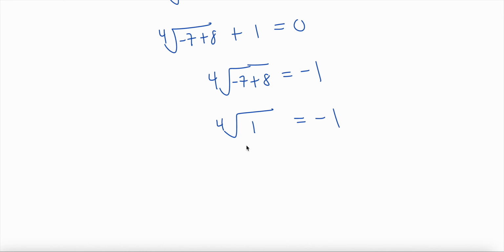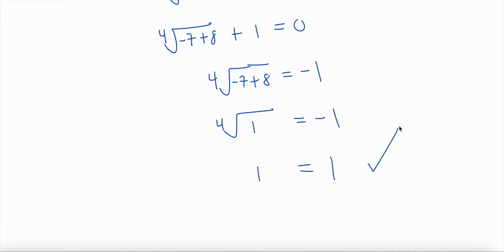And then we might do what we did when we were solving and raise both sides to the fourth power. This will undo the fourth root on the left, and on the right, raising negative 1 to the fourth power will result in positive 1. And then we'll get that 1 equals 1, and then we might think that this is a solution.